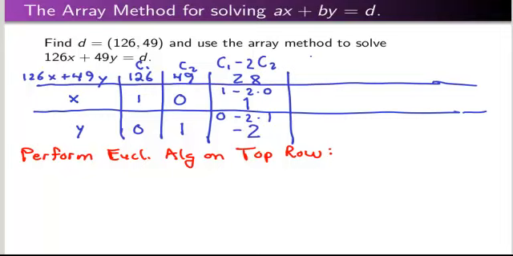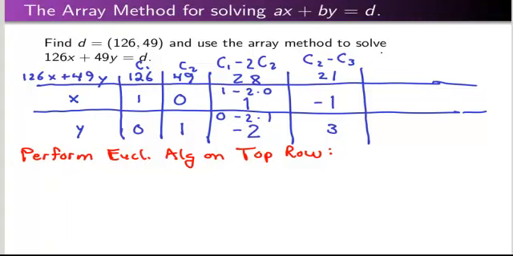Okay, the next step would be column 2 minus column 3. So 49 minus 28 is 21. 0 minus 1, 1 minus a negative 2. That gives me 21 as a linear combination.